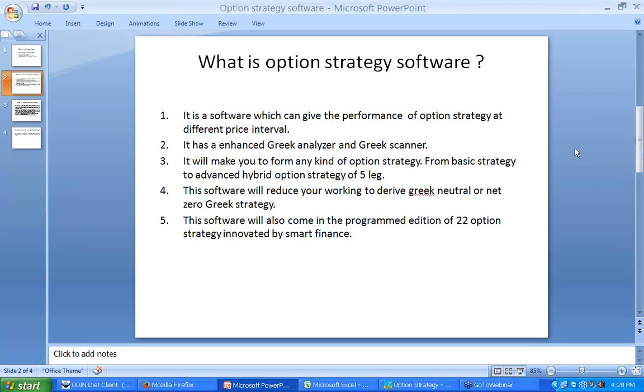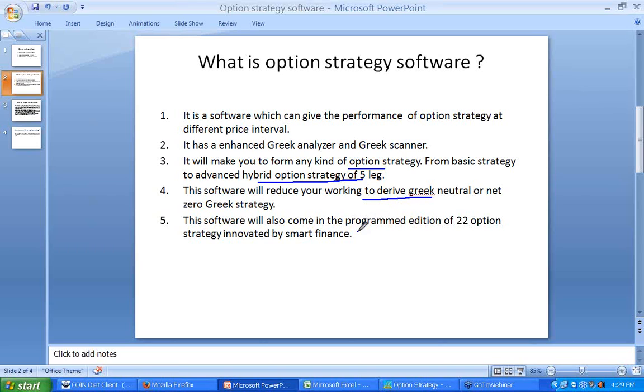You can form any kind of option strategy, from basic strategies like straddle, strangle, guts, condor, iron condor, to any advanced hybrid option strategy up to 5 legs. 5 legs means 5 different call and put options with their respective actions, buy and sell. And this software will reduce your workload for deriving the Greek neutral or the net Greek zero. This is also one of the features of the software, which I am going to demonstrate.